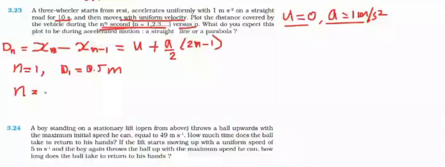Finally you can take n equal to 10. Then you will get the value of d10, around 9.5 meter.